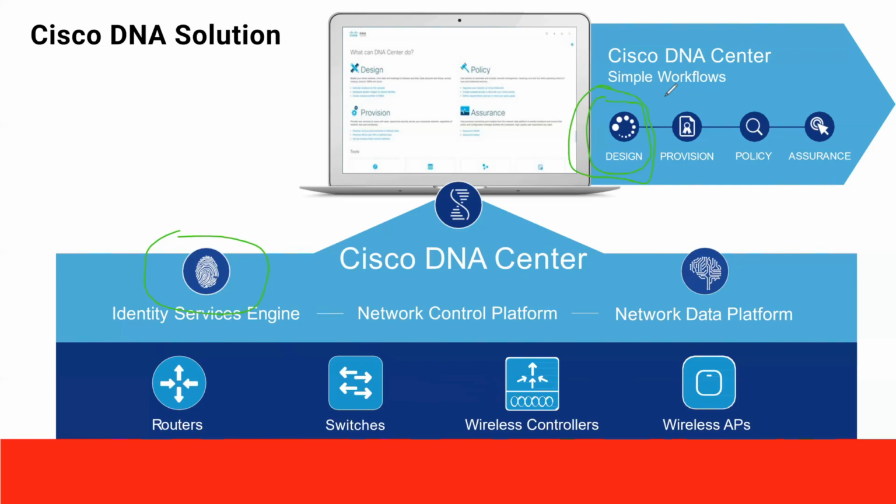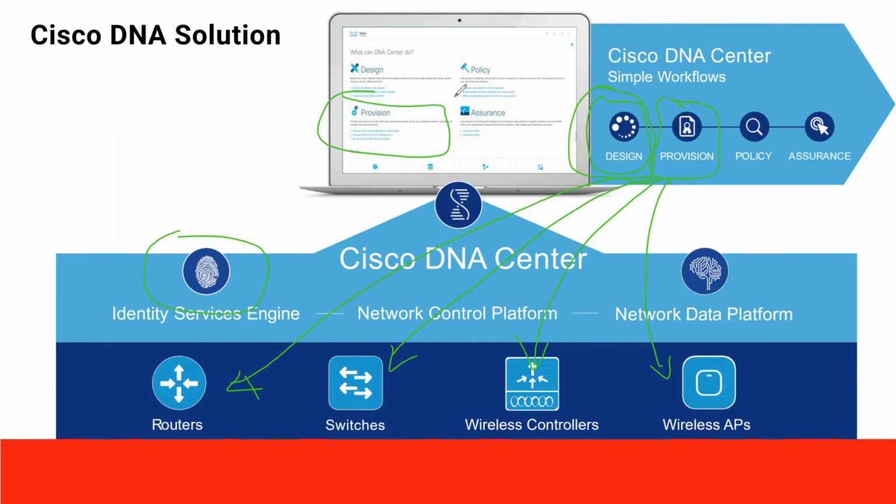Let's go step by step. In the provision part, this piece takes care of all the devices being managed from the DNA Center. The word I used is managed. So it is the configuration part. Everything is done from this specific option, provision, in the DNA Center's GUI.